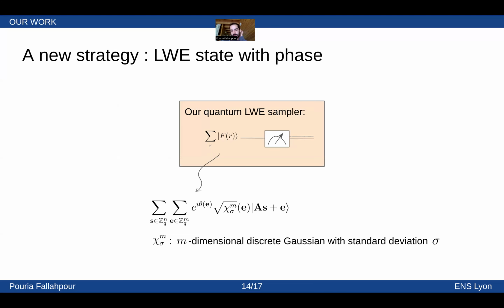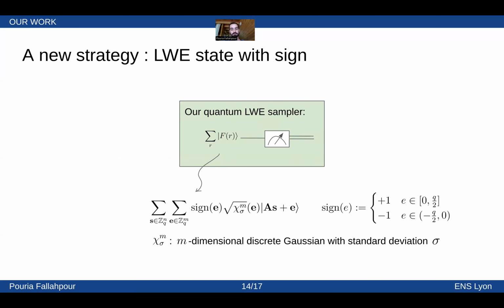But we also observed that the sign function actually suffices for our purpose. The sign of E is defined to be +1 if E is between 0 and Q over 2, and -1 if E is between minus Q over 2 and 0.